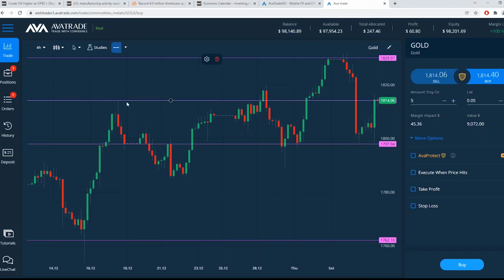It makes sense that it got stuck here because it has resistance and support characteristics. So this movement is stuck, and we've got upper resistance and lower support, about $15 up and $15 down to the upper resistance and the lower support. So in this case, you could do pending orders.